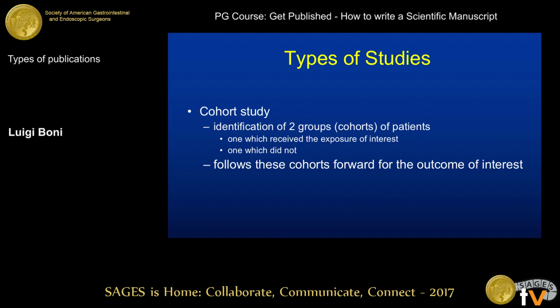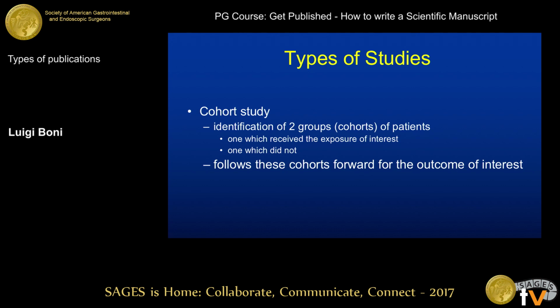In a cohort study, you identify two groups of patients, two cohorts, one that received the treatment and the other that did not receive the treatment. One that did a procedure in one way, and the other that did the procedure in a different way.